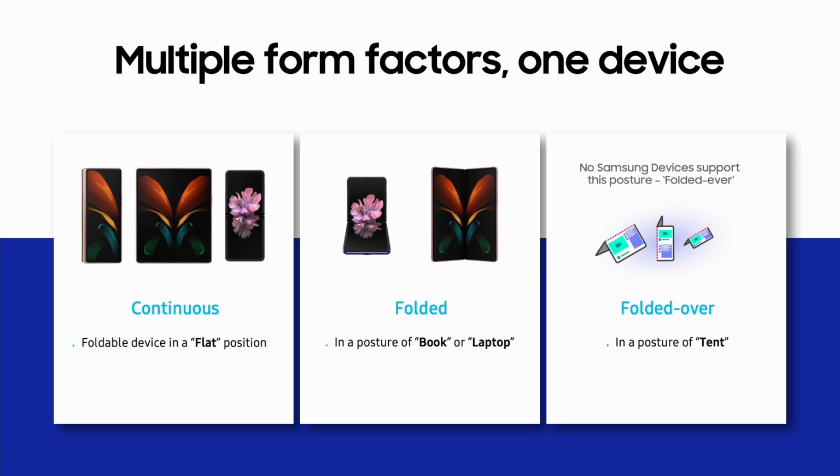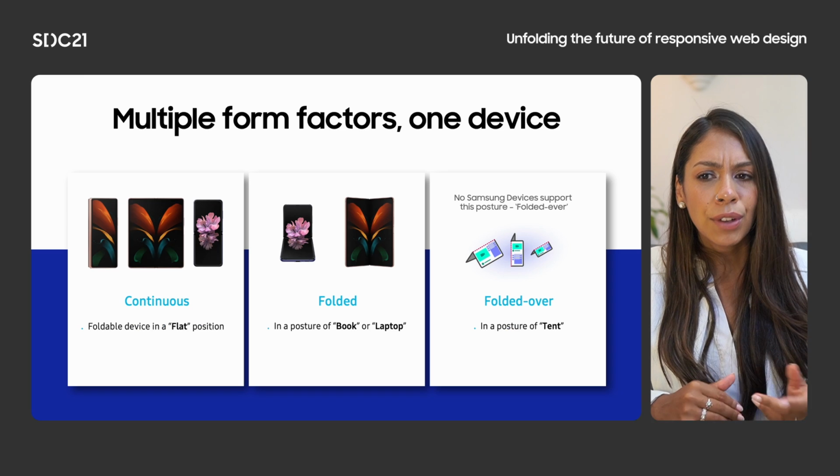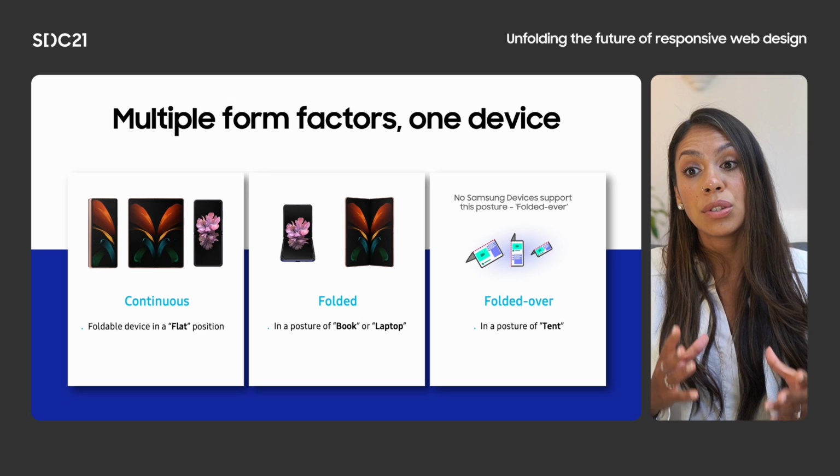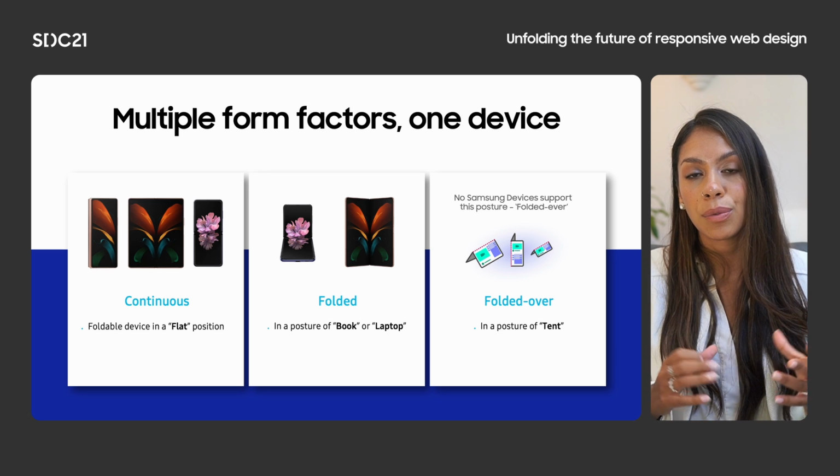Okay, back to the new form factors that we mentioned before. If we say that these new devices can bring new opportunities to innovate, developers should be able to detect each posture and use it to create amazing things. So, how can developers start using the posture of these new devices?